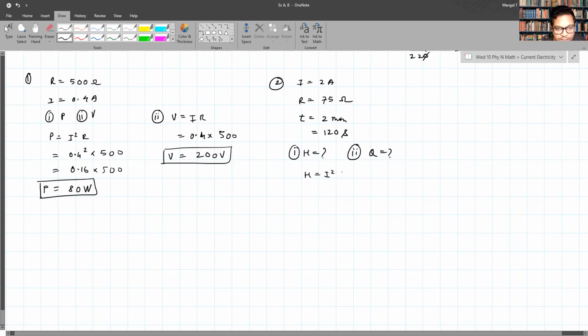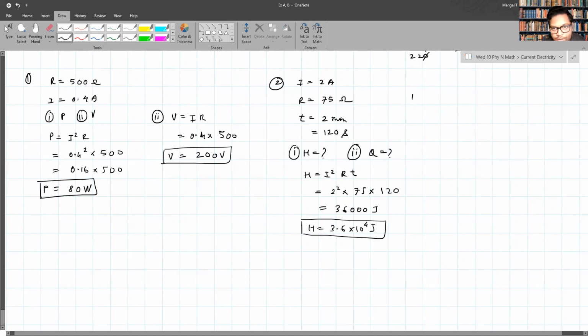H is equal to I square RT. That is 2 squared into 75 into 120, so 4 into 75 into 120. This will be 36000 joules, so 3.6 into 10 to the power 4 joules.